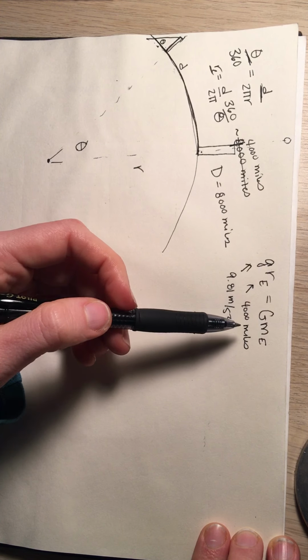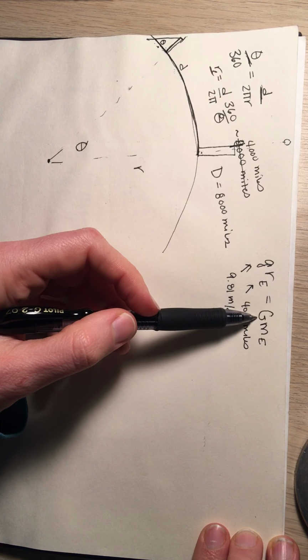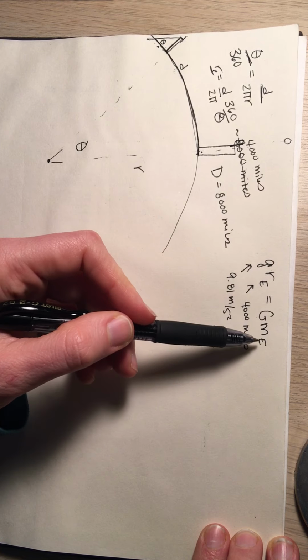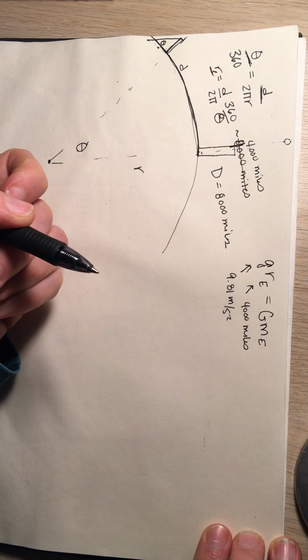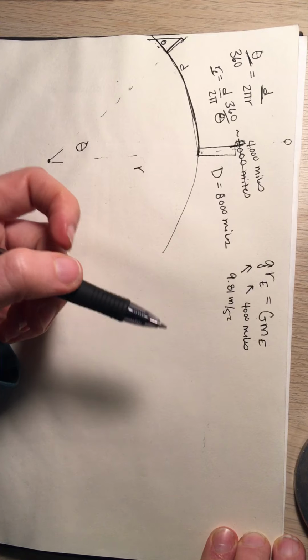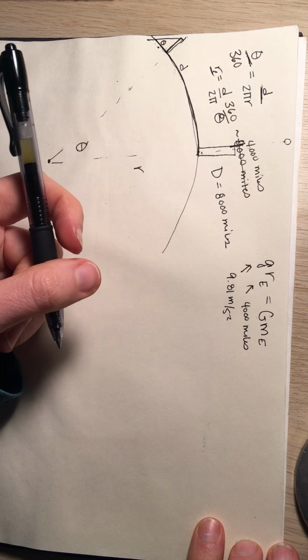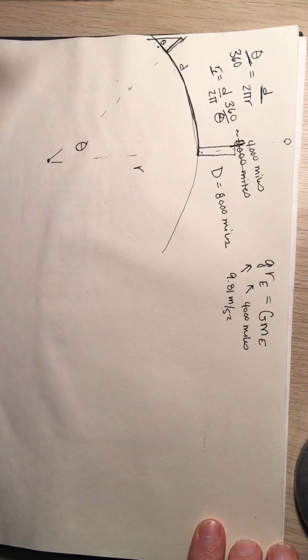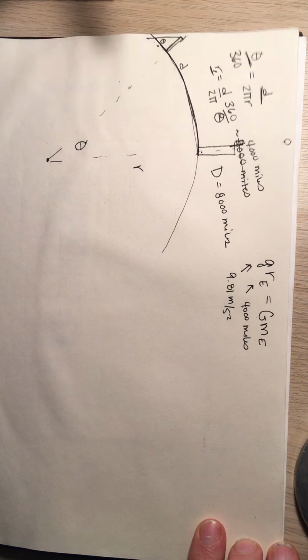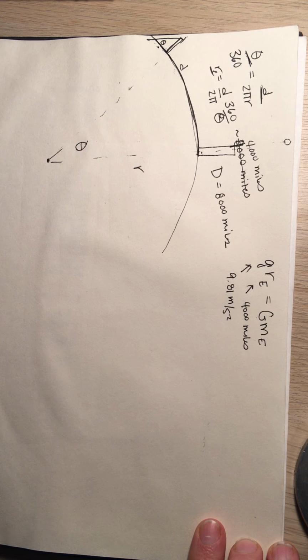Now, we don't know the gravitational constant, or let's pretend like we can't look it up, and we don't know the mass of the earth. Well, there were times when people didn't know either of these two things. How did they figure it out? Well, we want to understand the mass of the earth.